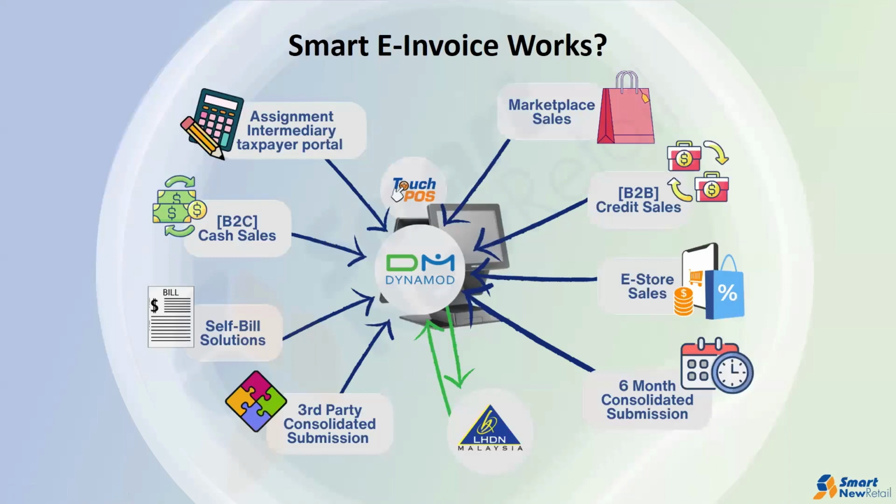So how Smart E-Invoice works. We have to assign the intermediary taxpayer portal. Then we have the B2C cash sales, the self-bill solution, and third-party consolidated submission. We also have marketplace sales, our B2B, our e-store, and also the 6-month consolidated submission.